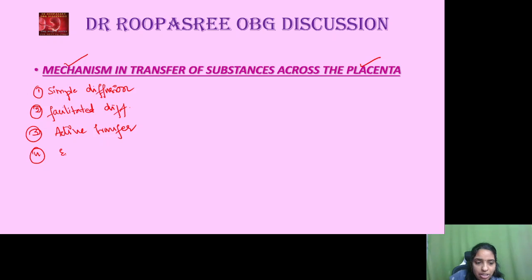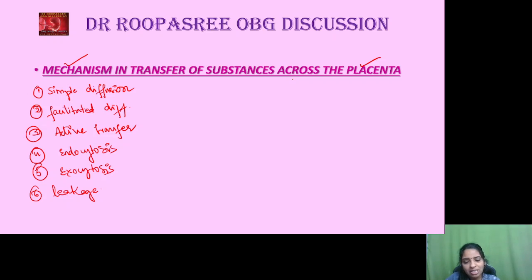It might be through endocytosis, exocytosis, and leakage. So, these are the six mechanisms through which the substances are transferred across the placenta. Okay, now we will come in detail.